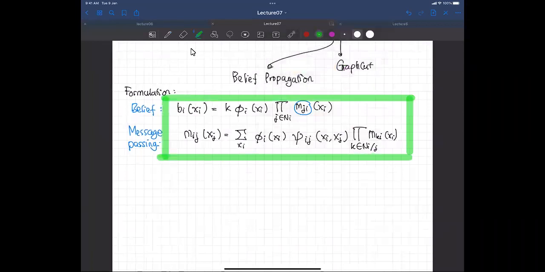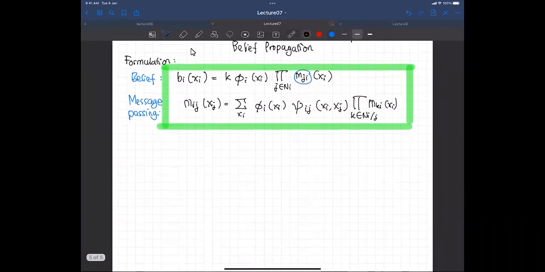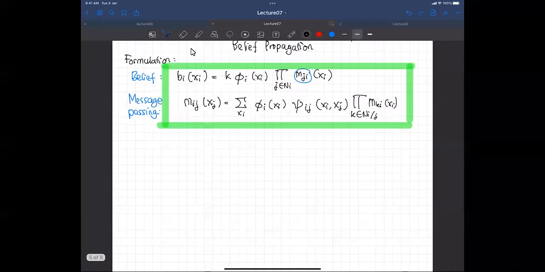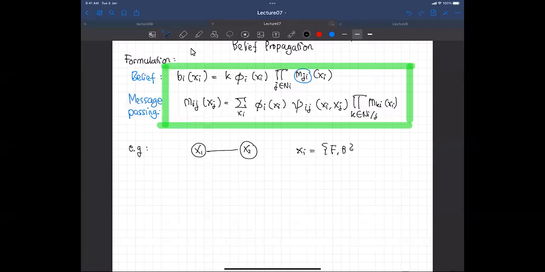I give you a simple example. In graph cuts, previously we had a case of x1 and x2, and we want to know the label of x1 and x2. There's a connection there. So x_i is either foreground or background.